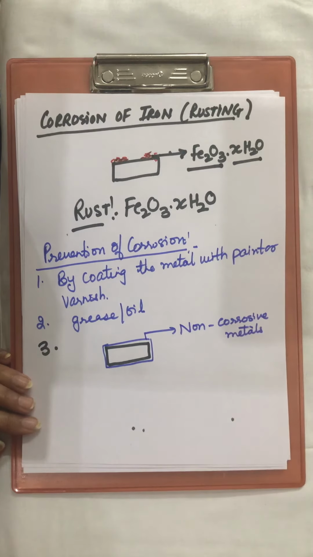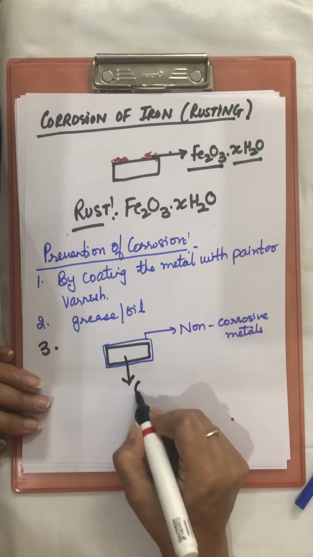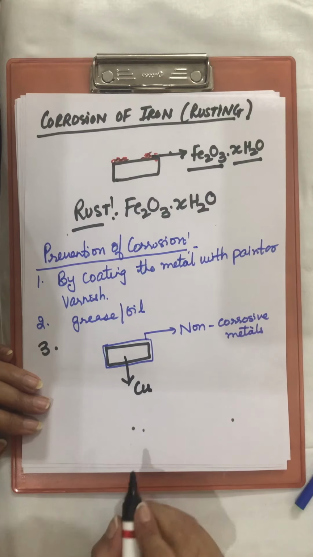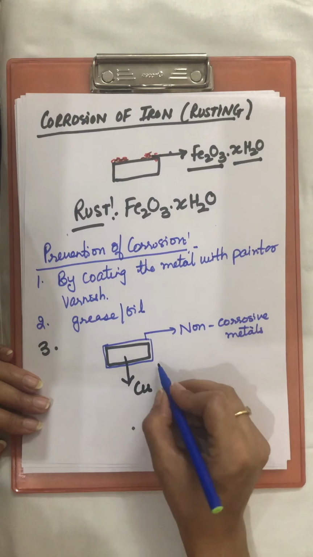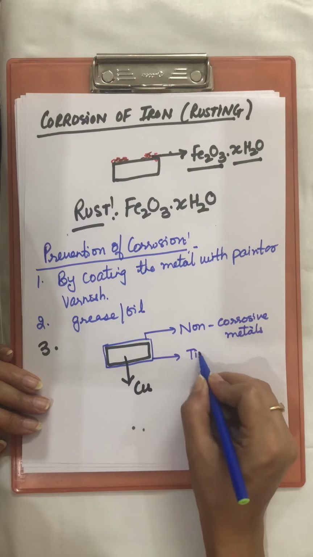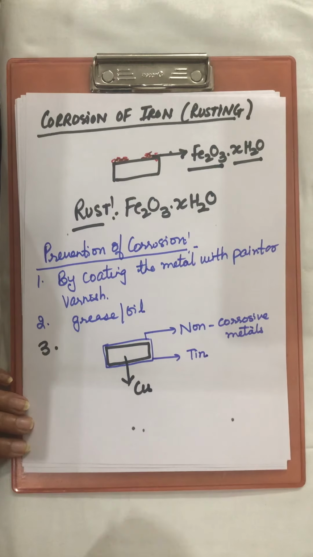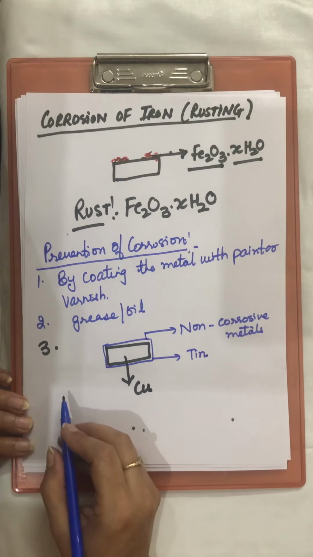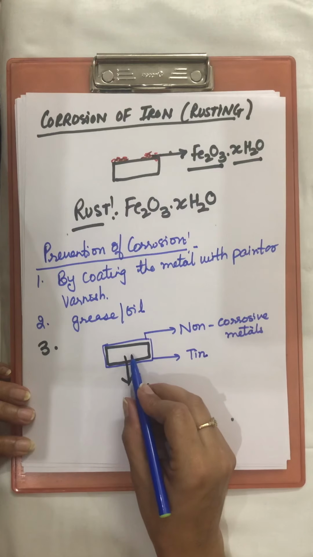An example of this: if this is copper, then on its surface a non-corrosive metal, tin, is applied. Next, a metal object can be electroplated with noble metals like silver or gold.